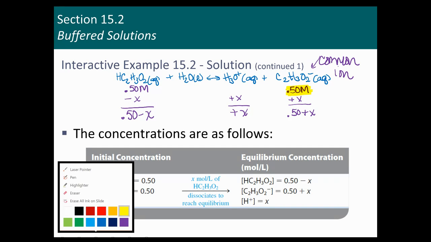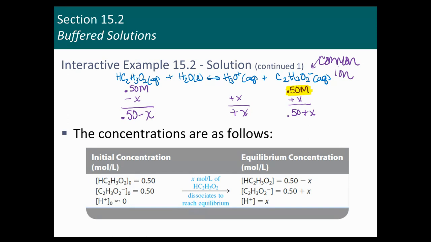And what is that going to do for us? It's going to really affect X. Because what we said with Le Chatelier's principle is that when a common ion is present, the equilibrium shifts back to the left. And what does that mean? It means that X is smaller than normal. X will be really small.